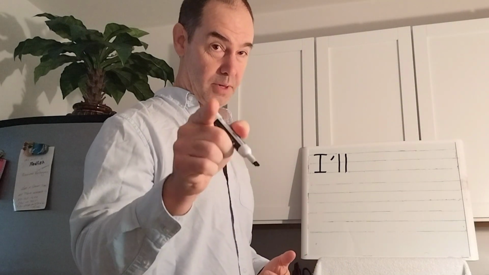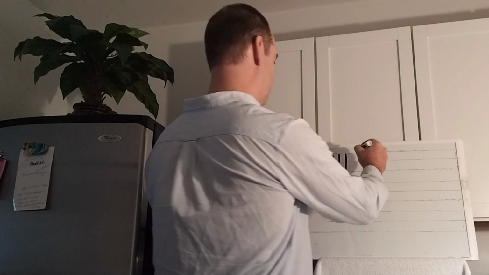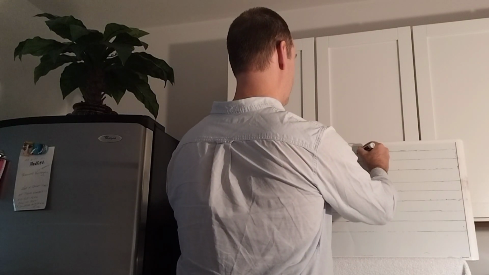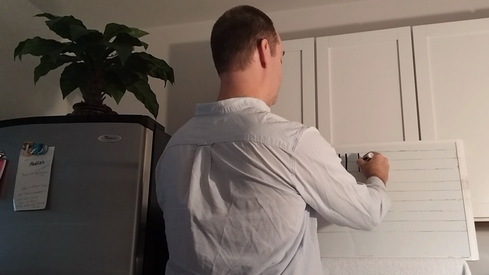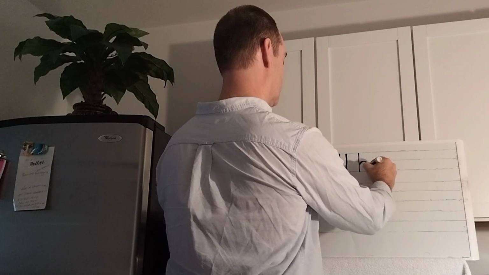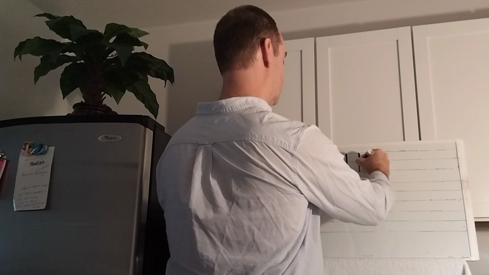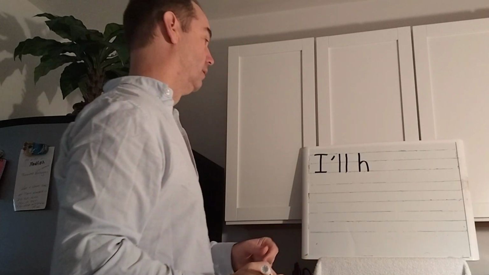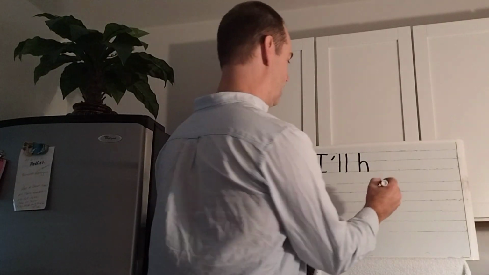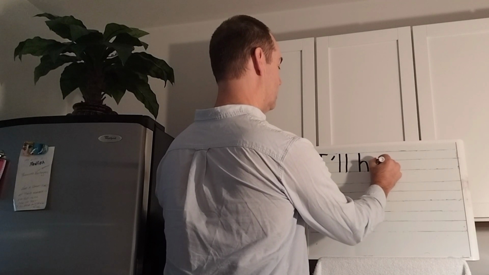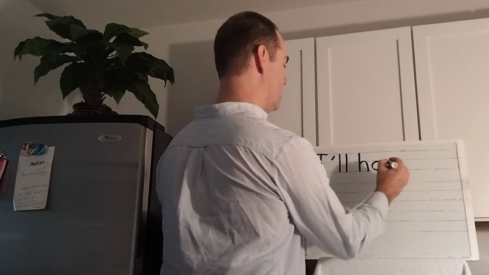I'm going to tell you soon what I'm going to have on my pizza. I'll have, starts with an H for have. That's a lowercase h. Oh, that's nice. I'll have, next letter in have is an A. Starts like a lowercase c.